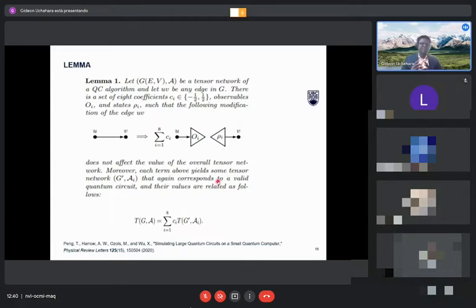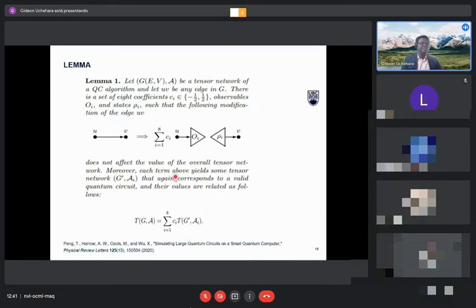Now, I have introduced us to the density matrix. We've played with some mathematics on how to rewrite this density matrix to fit into what we want to discuss, which is circuit cutting. Now, the first paper that talked about circuit cutting was this paper, Simulating Large Quantum Circuits on a Small Quantum Computer by Peng et al.